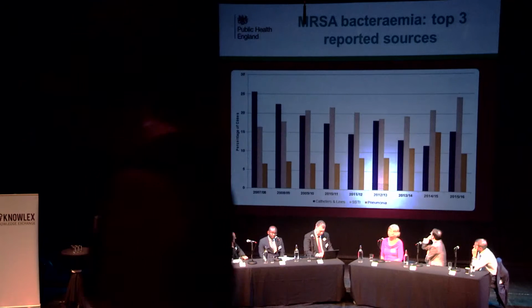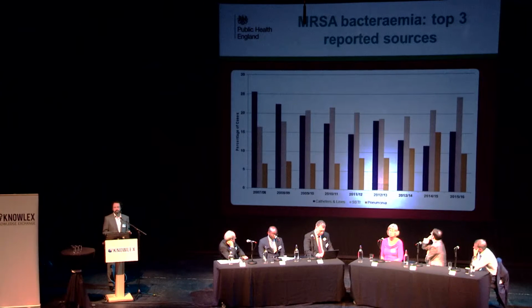We've seen the source of MRSA bacteraemia change as well. So in 2007, when MRSA was mostly a hospital-related onset infection, we saw that the majority of the underlying source of the bacteraemia was thought to be intravenous lines.